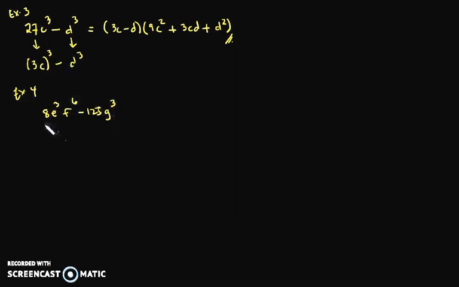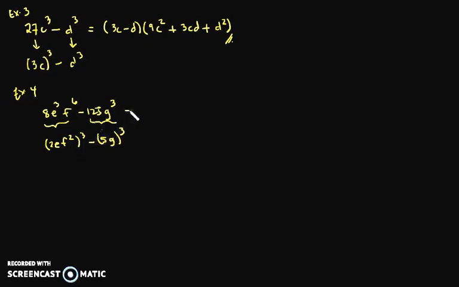First, I will represent the first quantity in terms of its cube, so that would become (2ef squared) raised to 3. And the other would be 5g cubed. 5 cubed is 125.